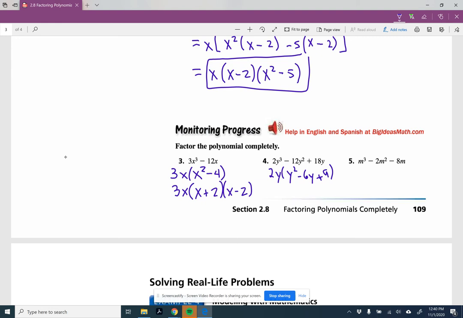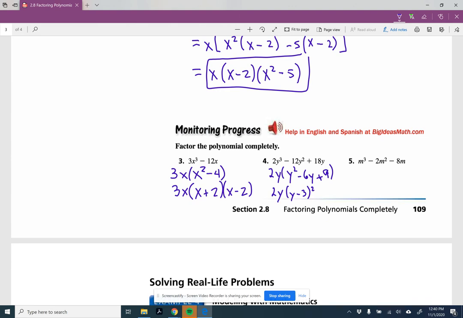You might notice this one is a perfect square trinomial because 9 is 3 squared, and the 6 is 2 times 3. So it fits our perfect square trinomial pattern. So we can make it y minus 3 times y minus 3 or y minus 3 squared.